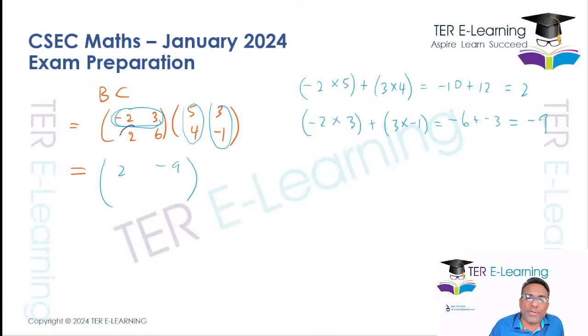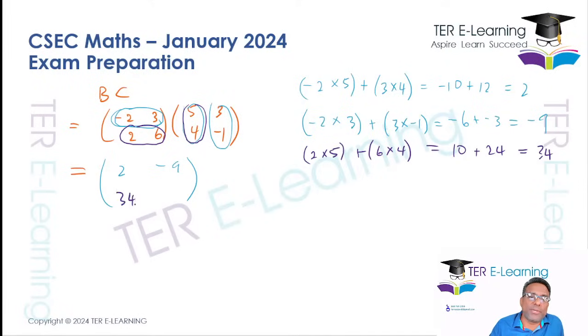Then we're going to take this row here and multiply by this column. That's going to be 2 by 5 plus 6 by 4. So that's 10 plus 24, which is 34. So this here is going to be 34.